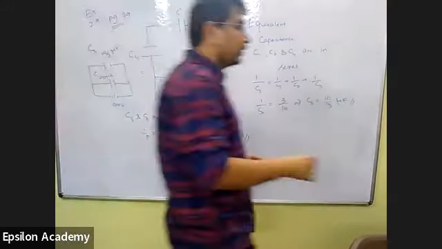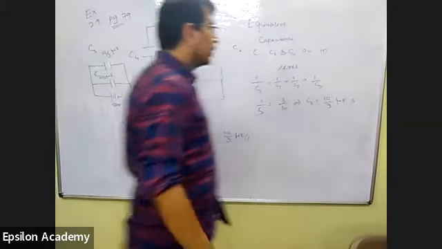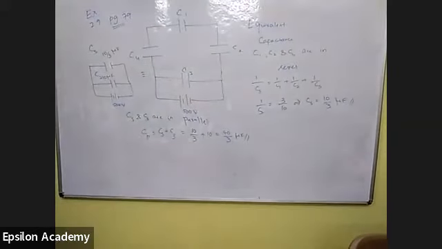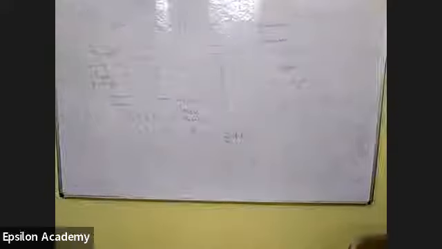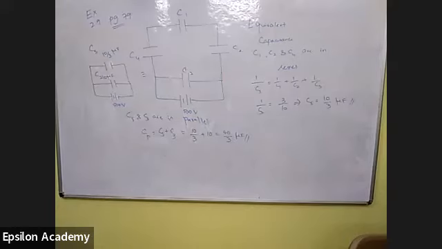So it's 40 by 3 microfarad. Okay. Any doubt? Those who are online, any doubt? Sir, how is D equal to V? Nitish, I'll tell you. Apart from that, guys, any other doubt in this problem?